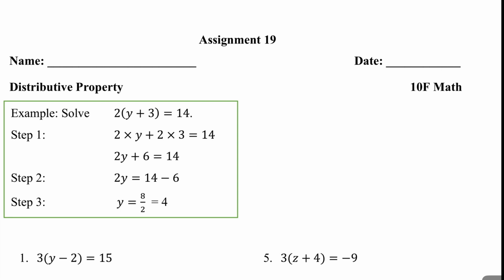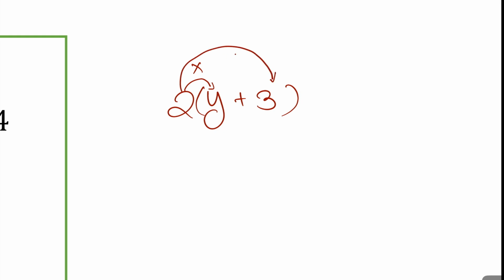Today's topic is the distributive property. This means we multiply the number outside the bracket by everything inside the bracket. So if we see 2(y + 3), this means we multiply 2 with y, and we also multiply 2 with 3.